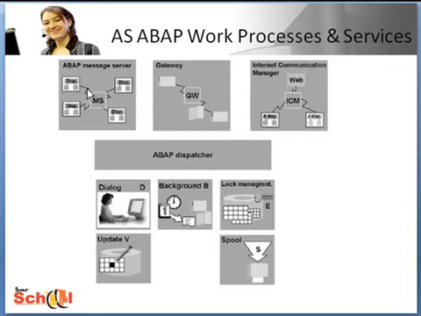So for example, the message server here handles communications between the distributed dispatchers within the AS ABAP, thereby enabling scalability of several parallel application servers. The message server is configured only once per SAP system. As we saw in the previous slide, it is the central instance that has the ABAP message server.